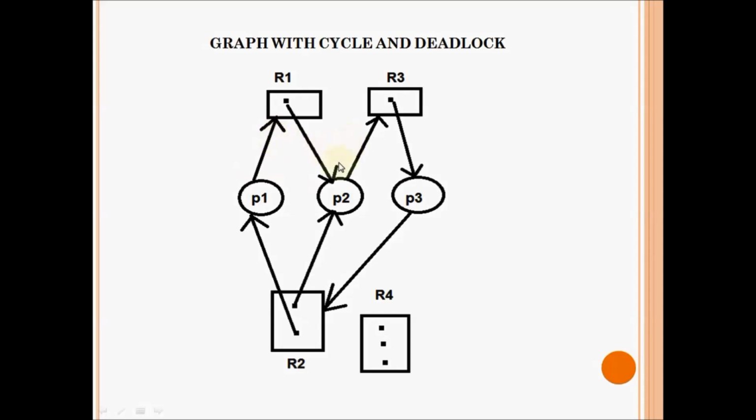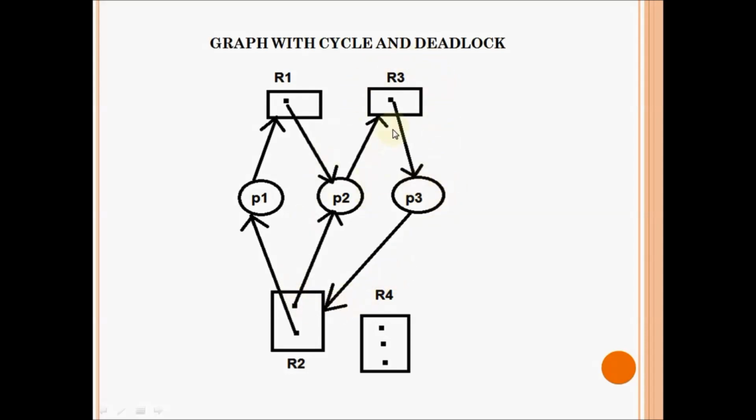You can see here, this graph contains a cycle. See the highlighter: from P2 to R3, R3 to P3, P3 to R4, next R2 to P2, right? So you can see there, this is a loop and there is a cycle here.